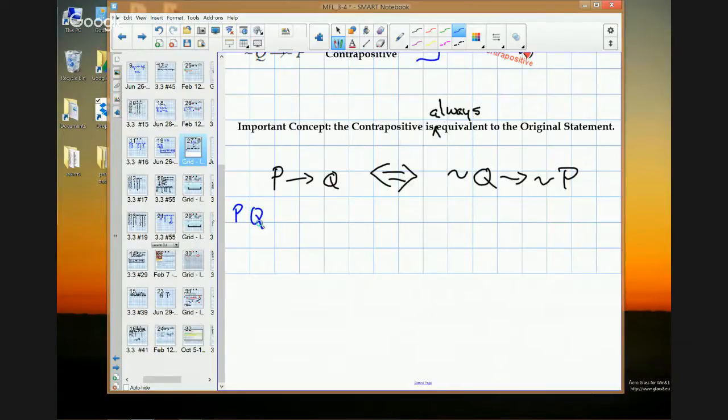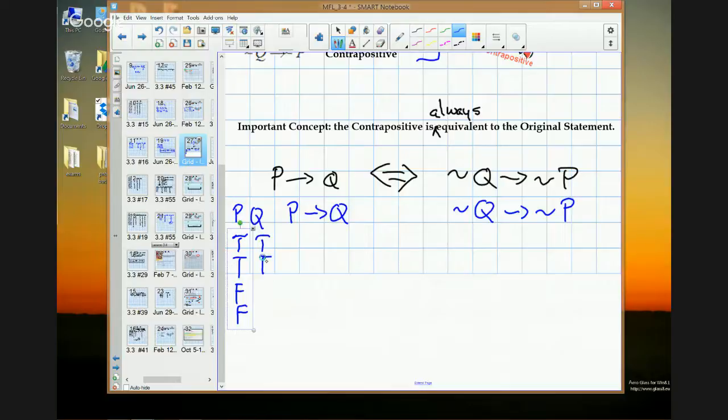We have P, Q, and on this side we have if not Q, then not P. There are only two letters, P and Q, so I only need 4 rows. I don't think you have to write this down. Right now, just see if you can follow what I'm doing.